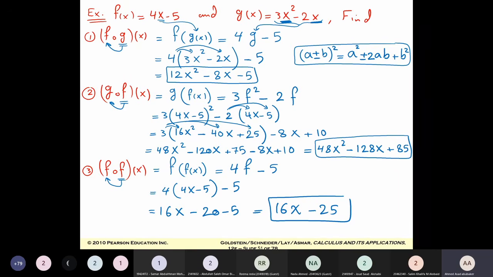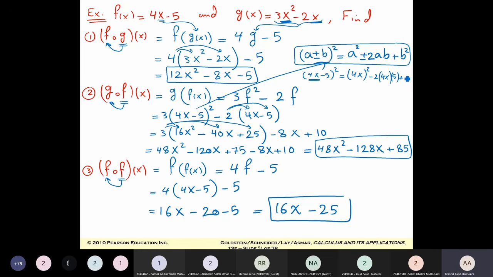By applying this rule, okay? This rule, if we have 4x minus 5 squared, so we have the first squared, 4x squared, minus 2 multiplied by 4x multiplied by 5, plus 5 squared.